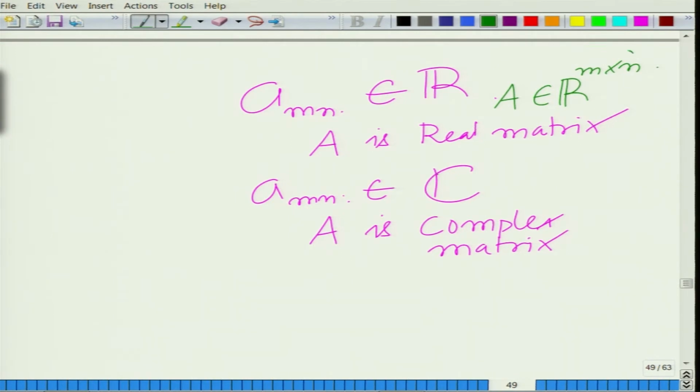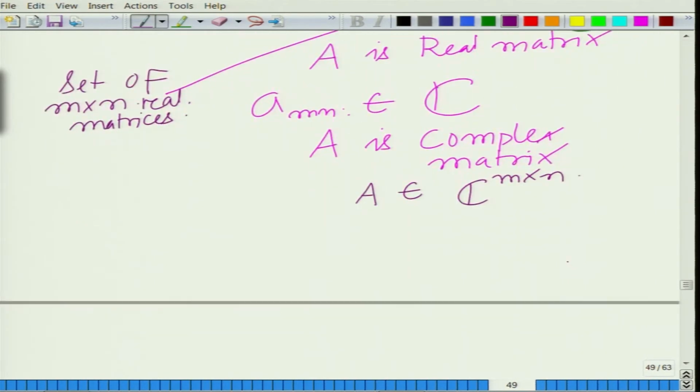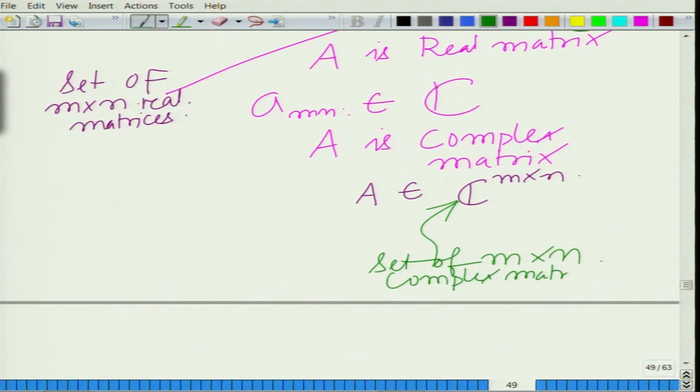And for the complex case, we say A belongs to the complex M cross N, so this is essentially the set of M cross N complex matrices, right.